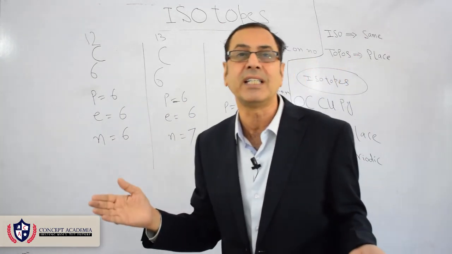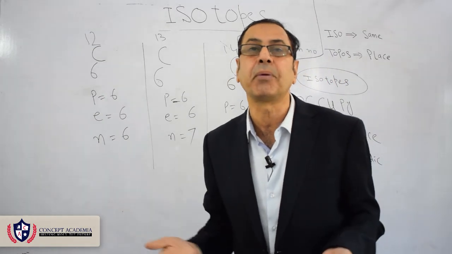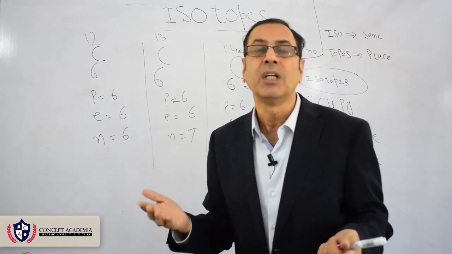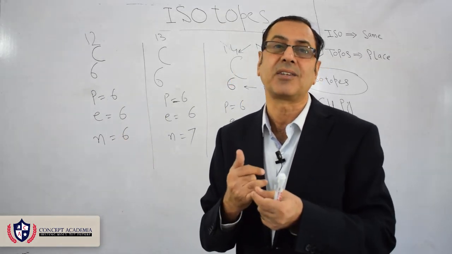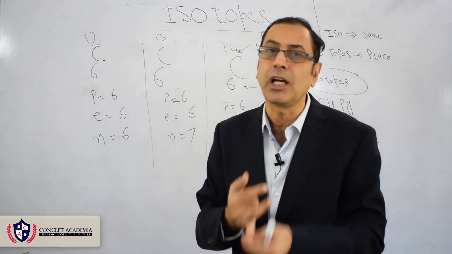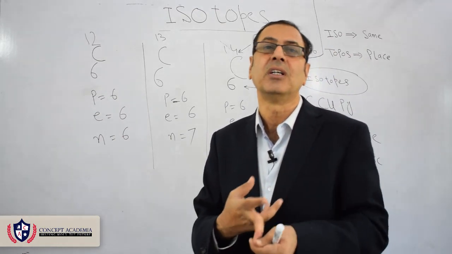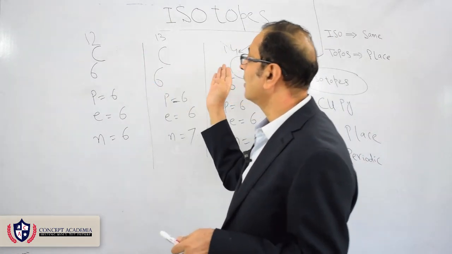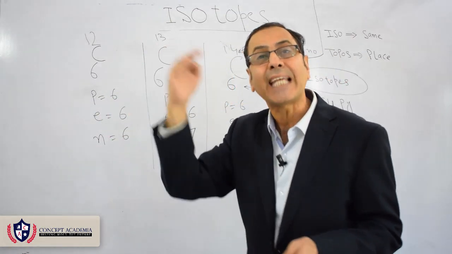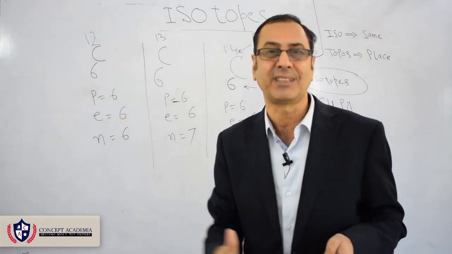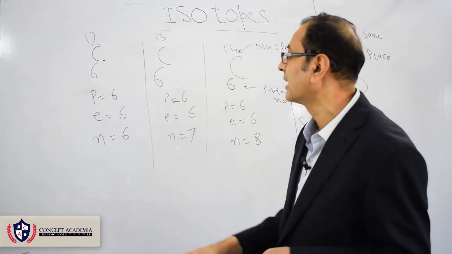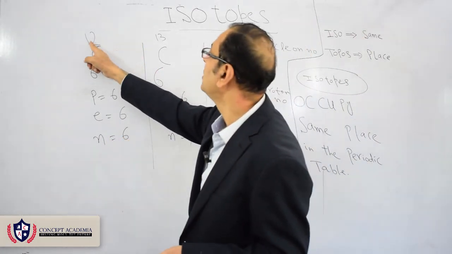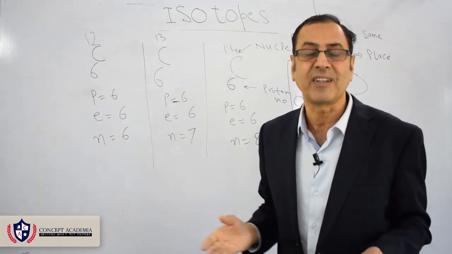You have already looked at the example of mangoes: they are the same fruit, but they have different properties like shape, size, texture, aroma, and so on. Similarly, isotopes are atoms of the same element with some different characteristics, because the neutrons and the nucleon number are different.